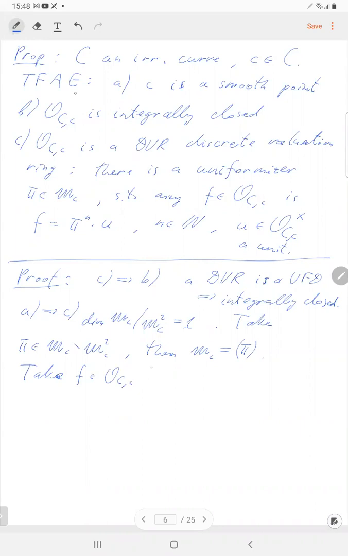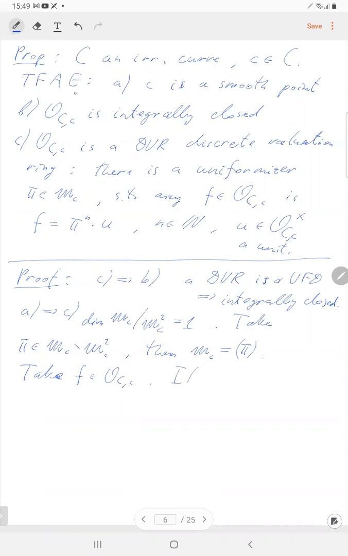Okay, so well, what can happen if it's not proportional to some power of the uniformizer? Then it is infinitely divisible by the uniformizer.